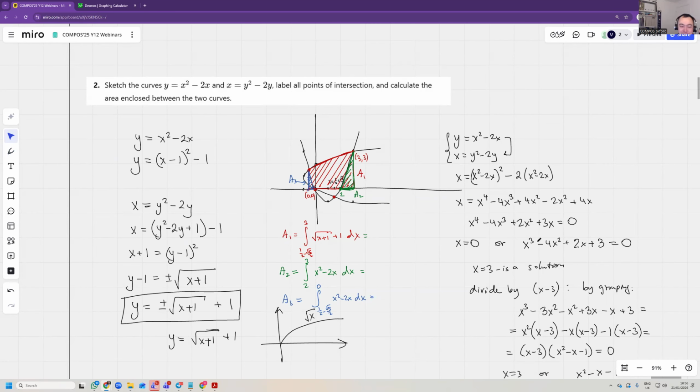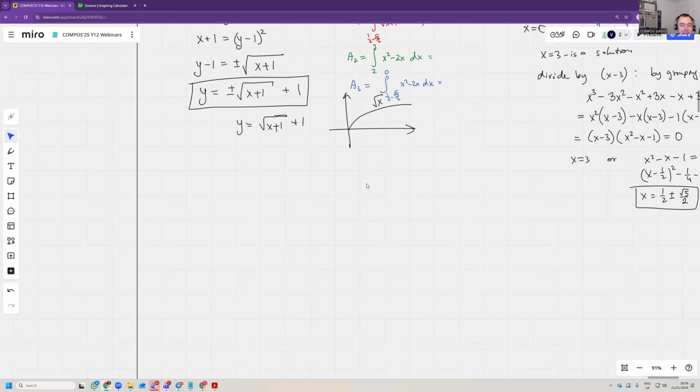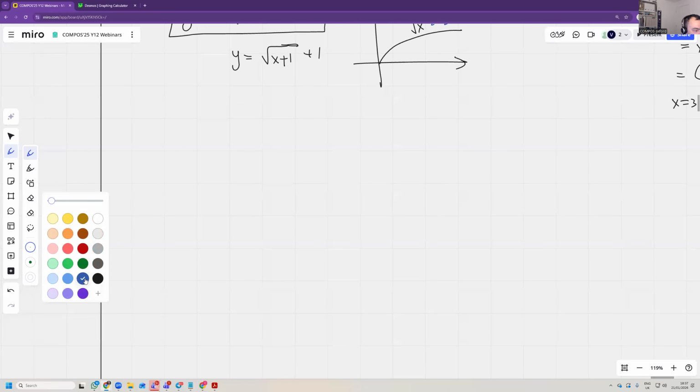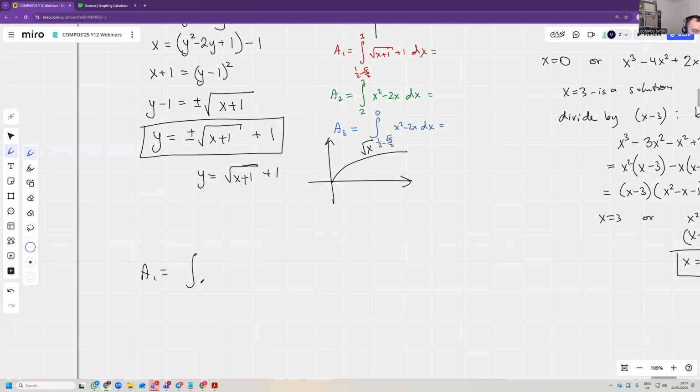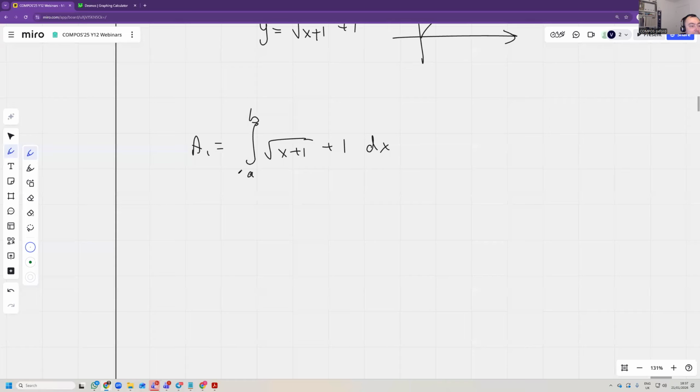Okay, I will show you how to integrate A1, because A2 and A3 are easy, right? So A1 is the integral of square root of x plus 1 dx. And for simplicity, let's take it from a to b, because it doesn't really matter what the limits are. You just substitute them in.